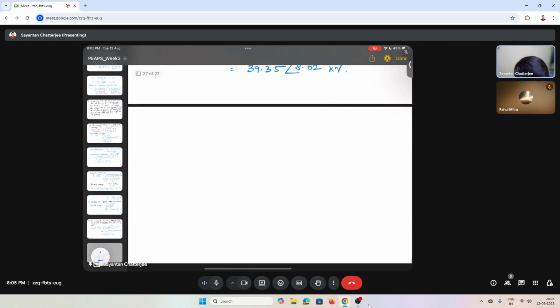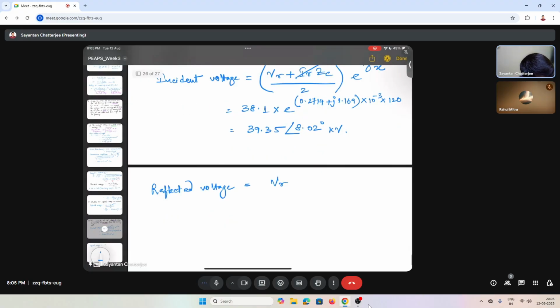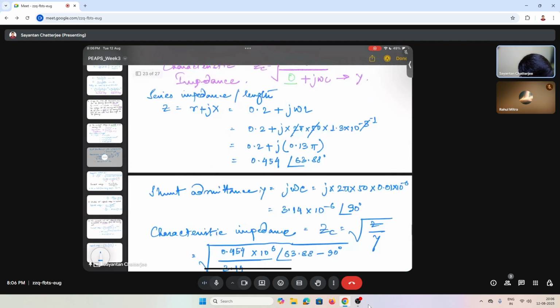And the reflected voltage will be VR by 2 into e to the power minus gamma x. Right?